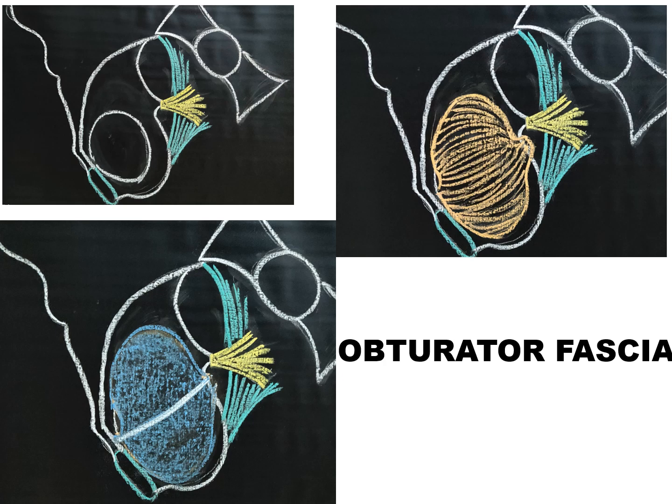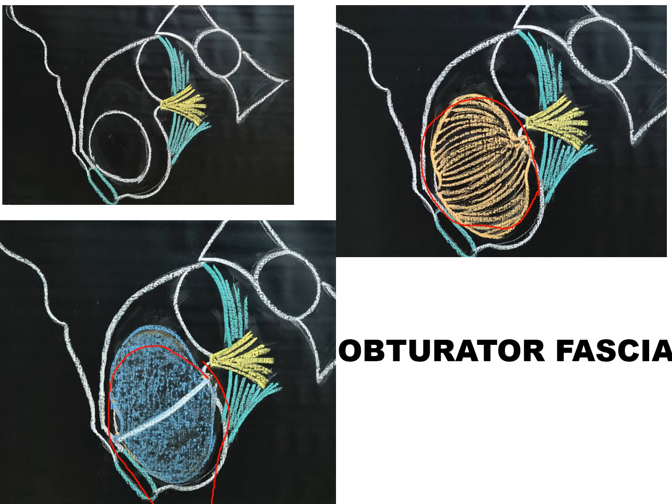The obturator fascia is nothing but the parietal pelvic fascia that covers the inner aspect of the obturator internus muscle. In the first picture, you can appreciate the medial aspect of the obturator foramen. This obturator foramen is internally covered by a muscle called the obturator internus. The inner aspect of this muscle is covered by a fascia called the obturator fascia.